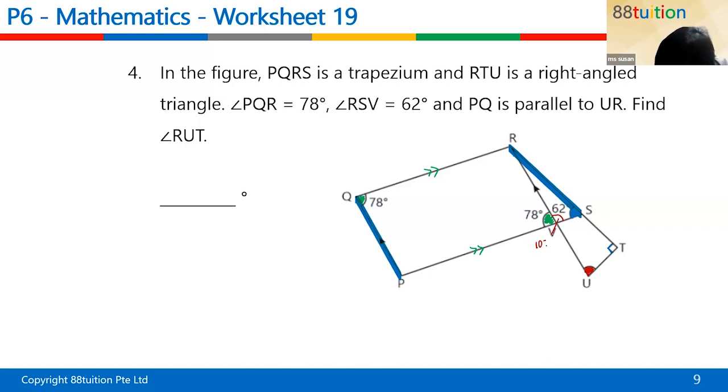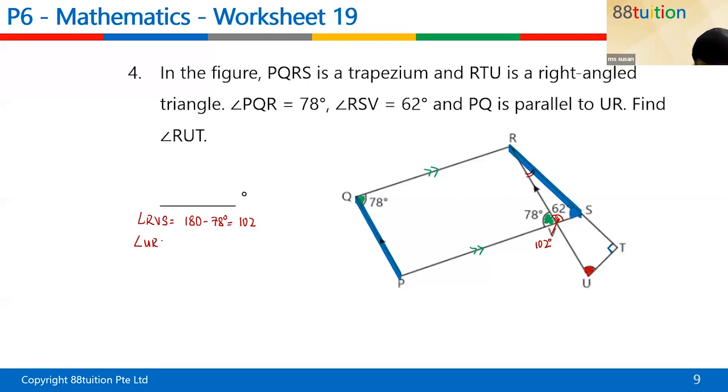So this is 102 degree. Okay, who doesn't understand the 102 degree here? Anyone? If you have a question, do type over the chat. So you have 180 minus your 78, which is angles on a straight line. And this is angle RVS. Okay, 102. So you have the third angle here now, called URS.